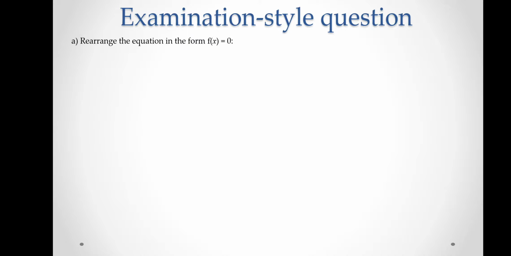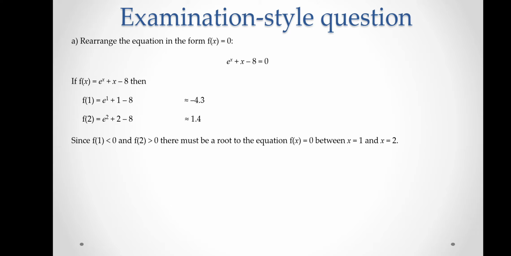Okay, first one, rearrange the equation and substitute 1 for x, it gives a negative answer, and substitute 2 into the equation, then it gives a positive answer. There is a sign change, therefore it has a root between 1 and 2. So B part, you can rearrange this equation. So take x to the other side, then e to the power x equals 8 minus x, then take ln, then x equals ln 8 minus x.